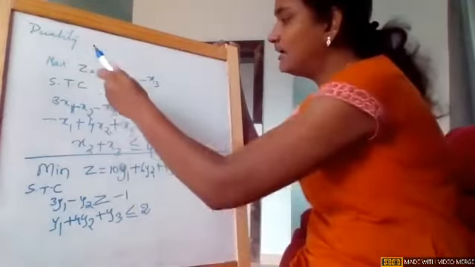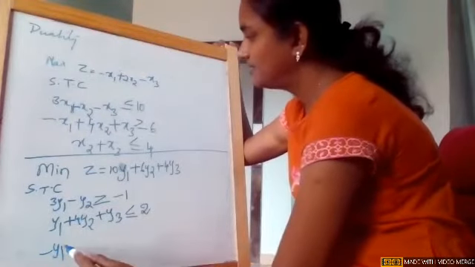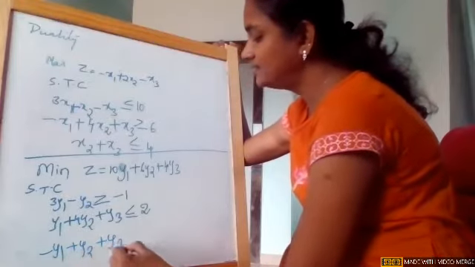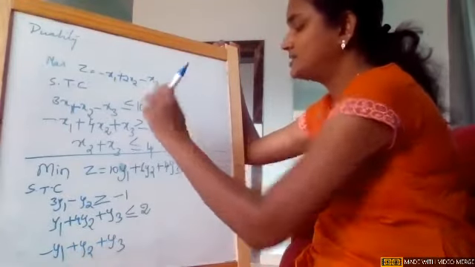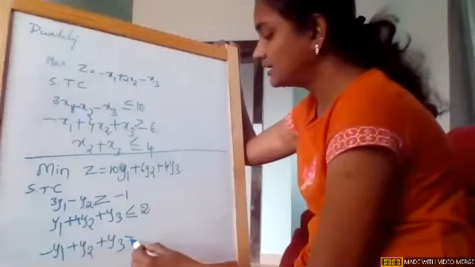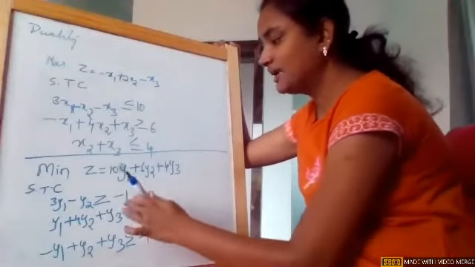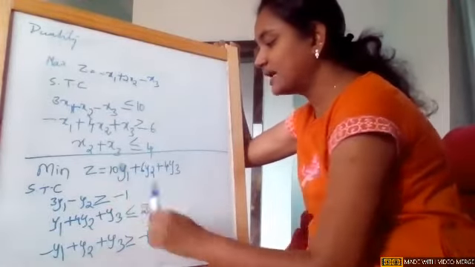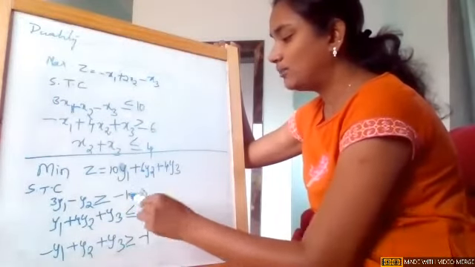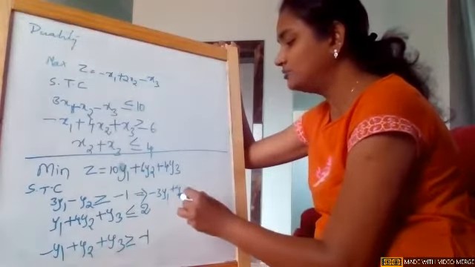Now see, all x3 variables will come: minus y1 plus y2 plus y3 is greater than or equal to, the coefficient here is minus 1. So whenever these constants are negative in duality, immediately convert them into positives, girls, simple.